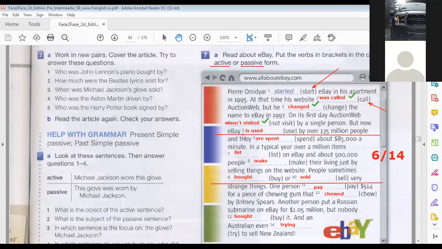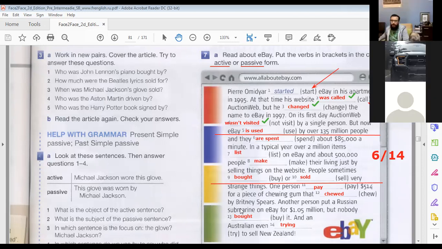But now eBay is used by over. Is this correct? Is used? No. What's the right answer? Using. Can we use ing in passive or in active? No. That's correct. It's correct, but why?